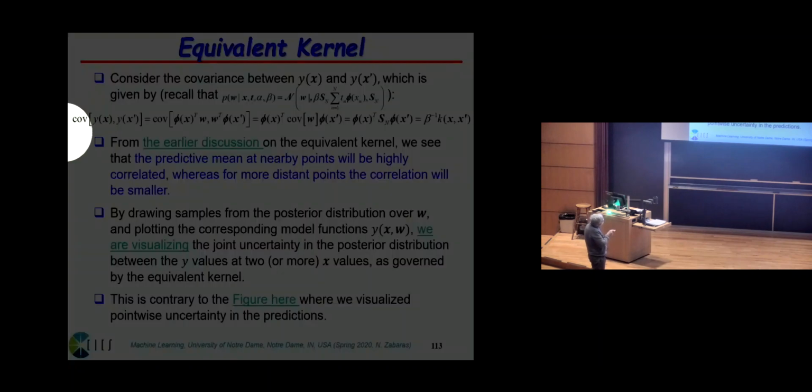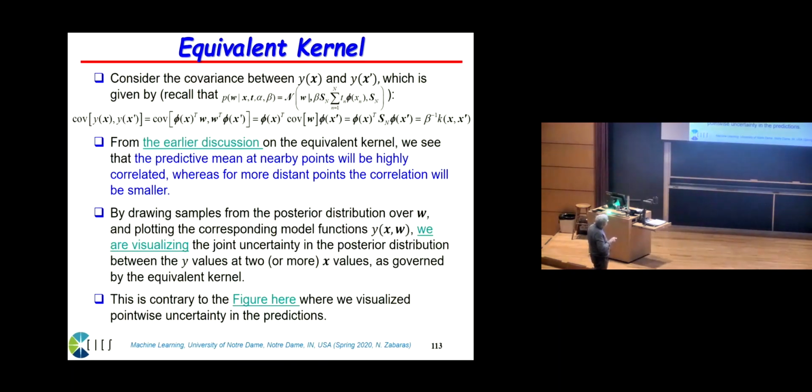The kernel looks like a distance between x and x prime, at least when we wrote the weighted average of the responses to compute the predictive mean, if you like. But you can see here, this measures the covariance between y of x and y of x prime. So we have a physical meaning for the kernel of x and x prime. And I want you to remember this, because if you don't, we will be in trouble.